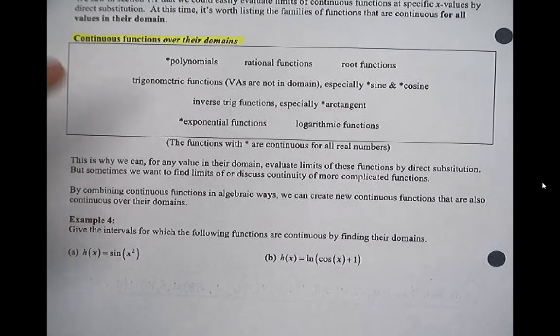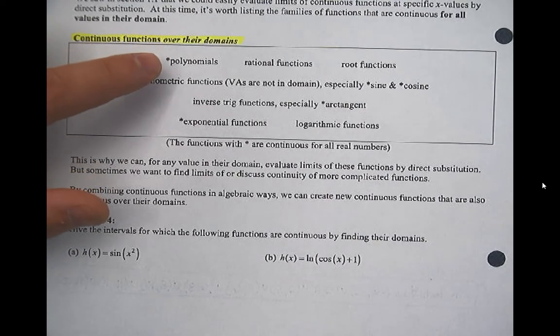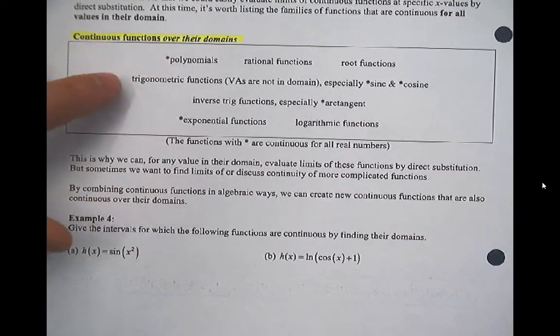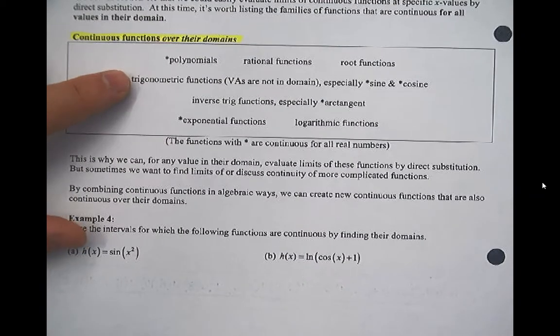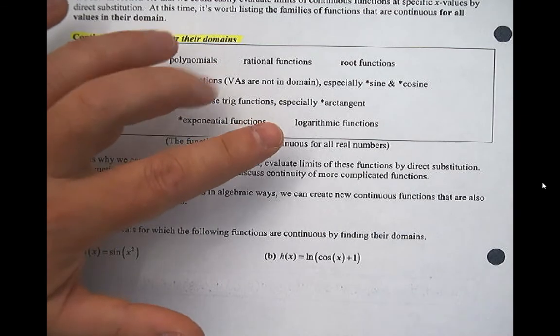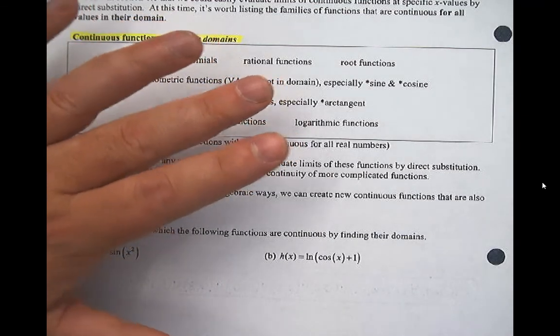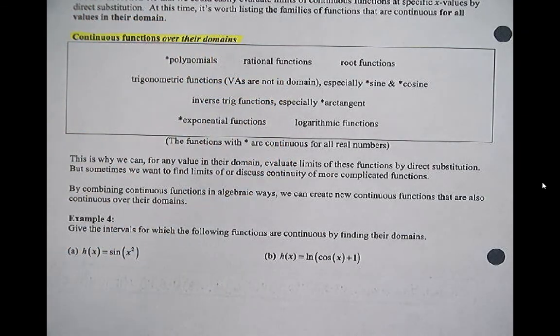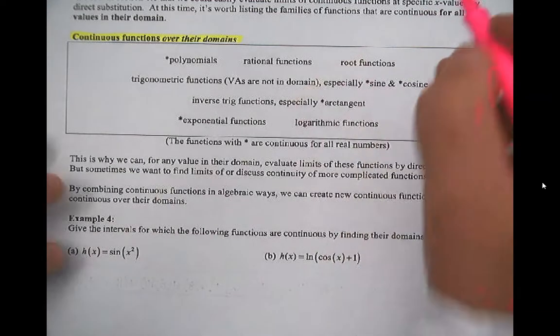You already know polynomials, trig functions, those make sense. Exponential functions. What gets interesting is when you think about rational functions, root functions, and log functions. Those don't feel like they're continuous, but they're continuous for all values in their domain.